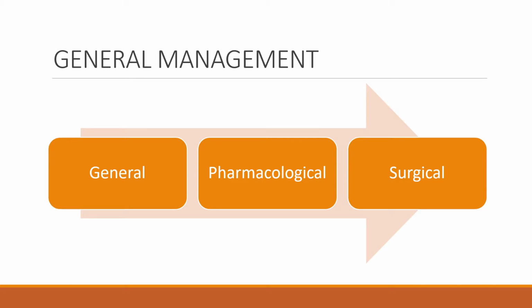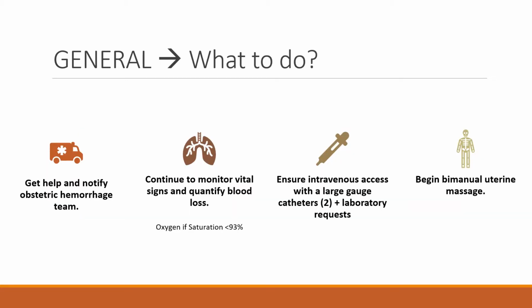So first, the general management. What to do? First, get help and notify the obstetric hemorrhage team. If you don't have an obstetric hemorrhage team, you have to ask for help from other persons, all the personnel that we have seen. Second is to continue to monitor vital signs and quantify blood loss.